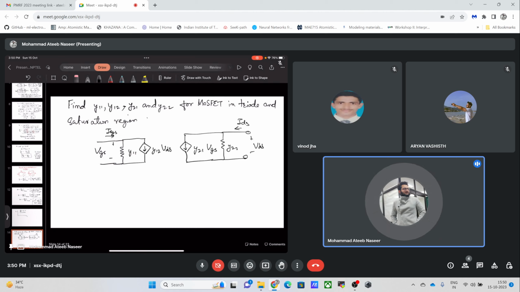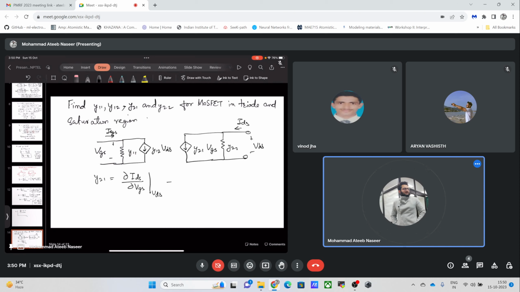So now in triode region, let us say we have to find this Y21. What is Y21? Y21 is simply di2 or dIDS by dVGS at constant VDS.